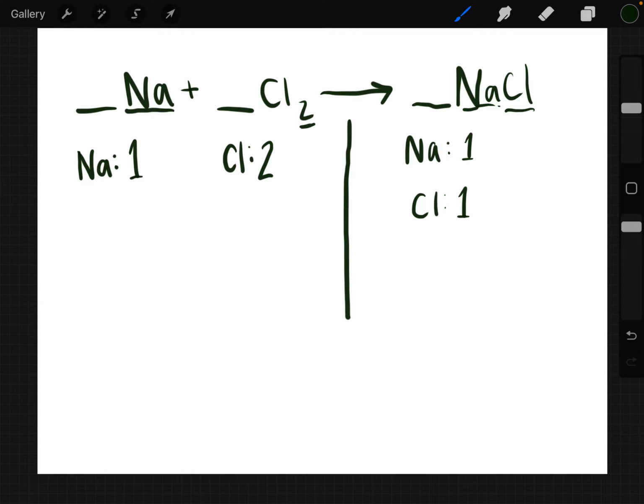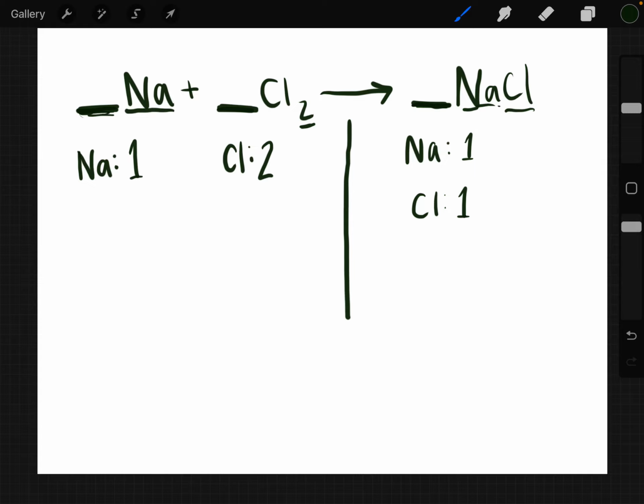So, here's the trick with balancing. The only numbers we're ever allowed to touch are where I have these big blank lines. That is called a coefficient. And in math class, you learn that a coefficient is a big number that is multiplied by whoever it's touching. So if you had 3x, that 3 is distributed to that x. Same thing here. If I have a number right here next to this Na, it's distributed to that Na.